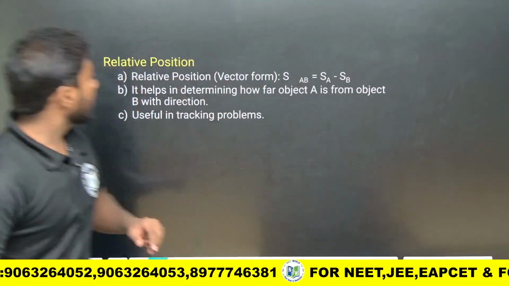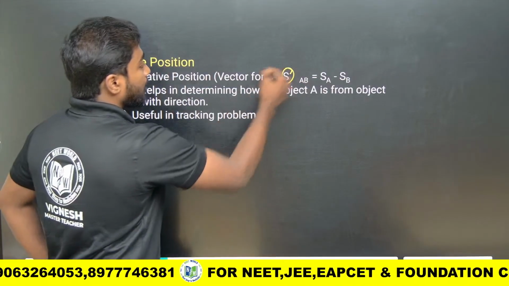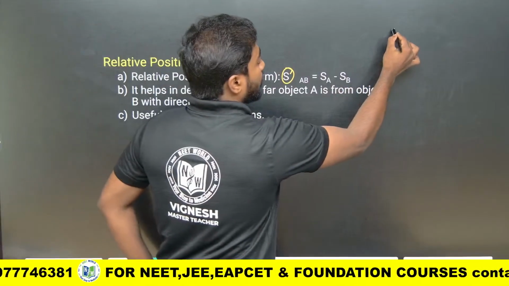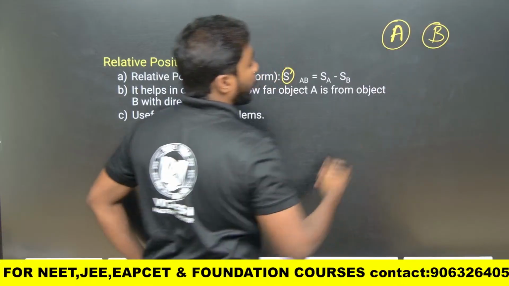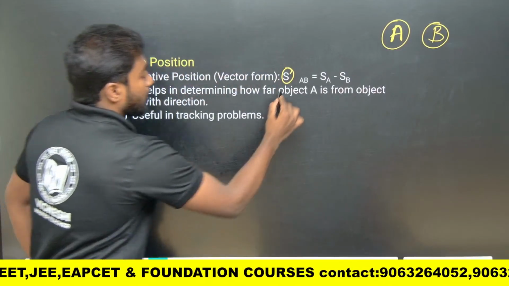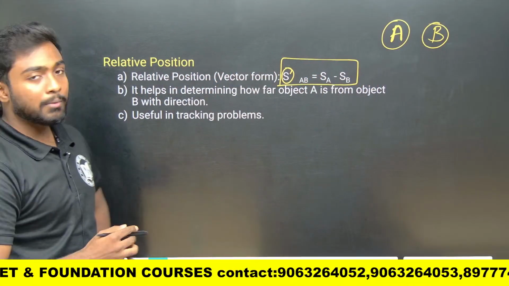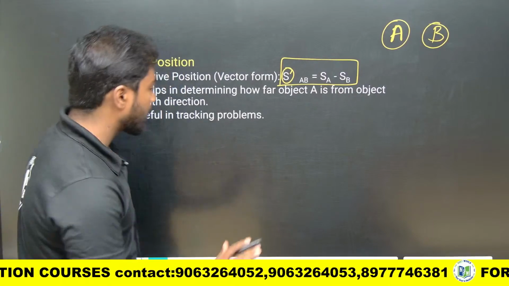Next we will see the relative position. Position is denoted by the letter S. So object A and object B we have taken. If I want to calculate relative position, relative motion, relative velocity, whatever it is, it is a simple thing.